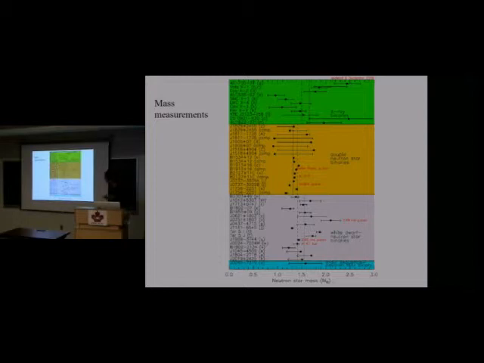The most recent high mass radio pulsar isn't here. I'll mention it at the end because this graph was made in 2007, but in 2008 there was one radio pulsar with a mass of between 2 and 3 solar masses, and I'll discuss the limits. So it's more than 3 sigma away from 1.4.